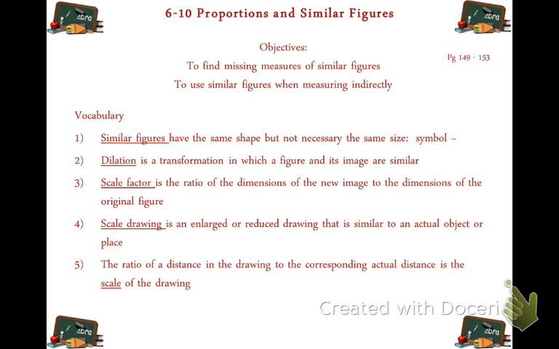So it cannot change the degree of angles, but it can change the length of the sides. If it's twice as big on one side, it has to be twice as big on all the sides. They cannot all change differently. They all have to change the same amount.